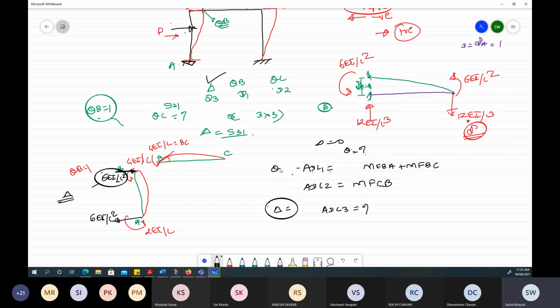This is related to theta, and rotations are because of moment, whereas this delta is because of the forces. This is not because of moment. Now can you contribute in this?